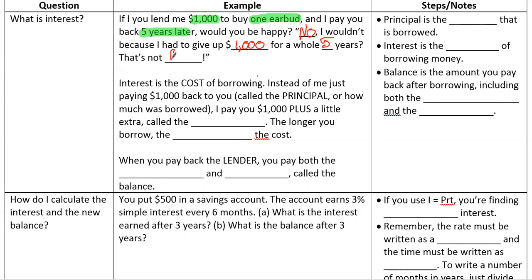That's not fair. I agree with you. It's not fair. So interest is the cost of borrowing. Instead of me just paying $1,000 back to you, which is called the principal, or how much was borrowed, I pay you $1,000 plus a little extra called the interest.